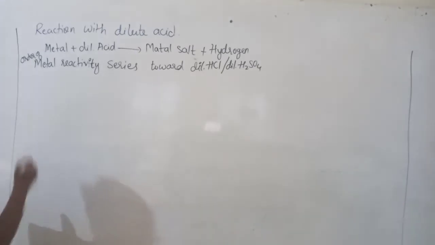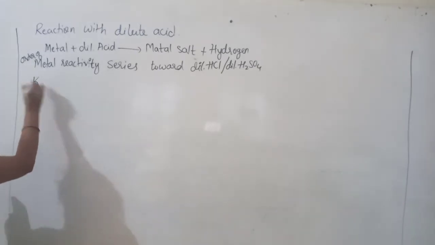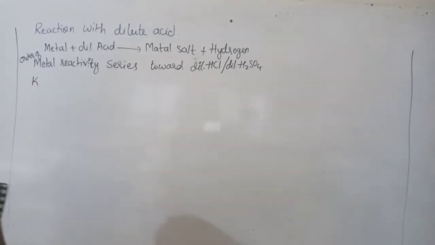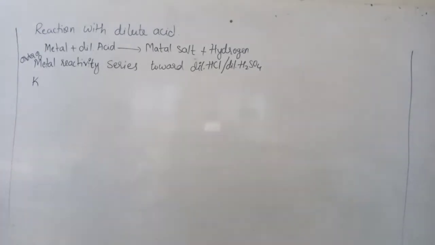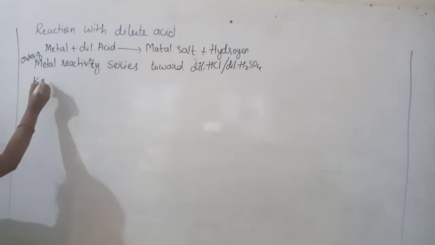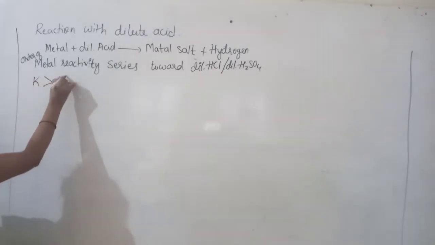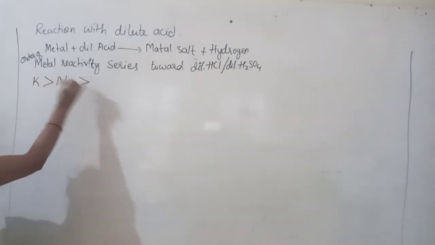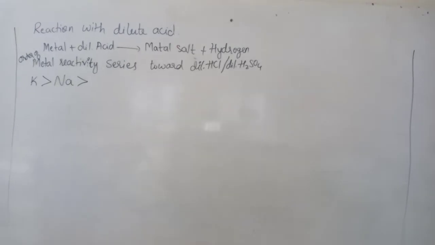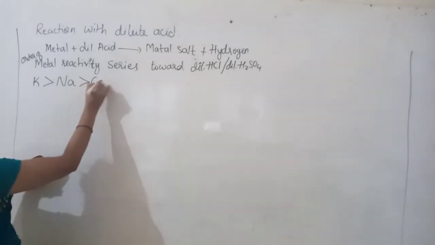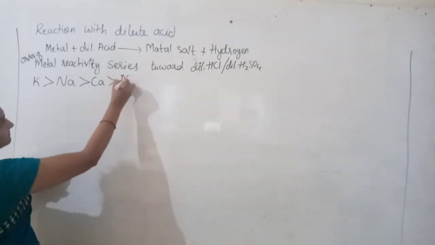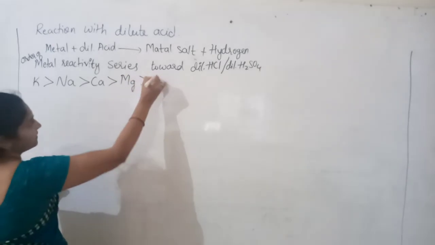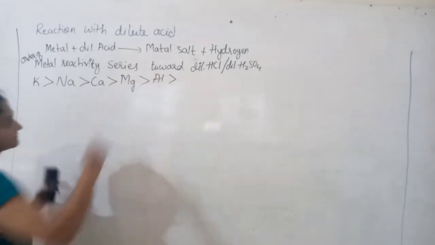So first, the most reactive is potassium. The most reactive element is what? Potassium, the symbol is K. Then sodium, Na. Next, calcium, Ca. Then magnesium, Mg. And aluminium, Al.